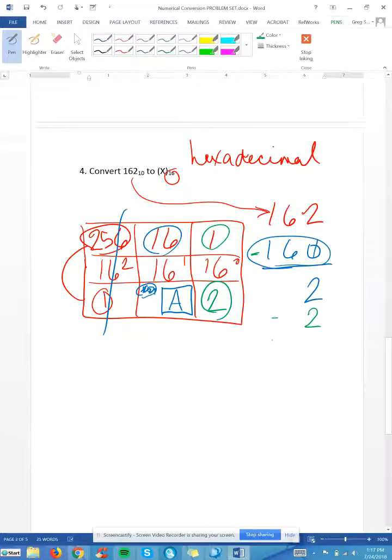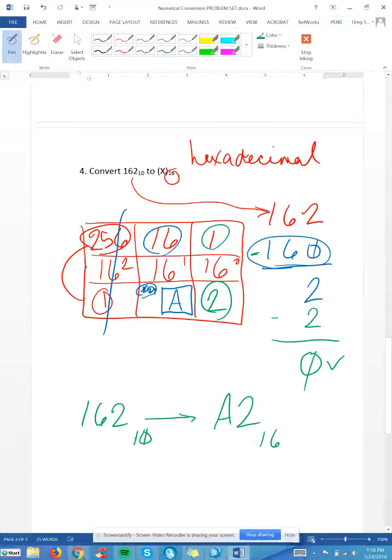We're doing successive subtractions, and we have a result of 0, which is exactly what you're looking for. So the conversion from decimal 162 base 10 converted into hex is A2 in base 16. And that's our conversion.